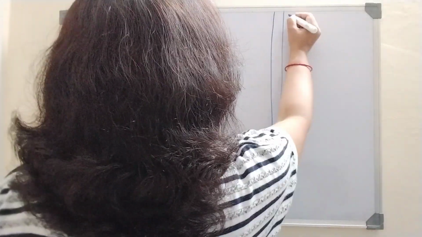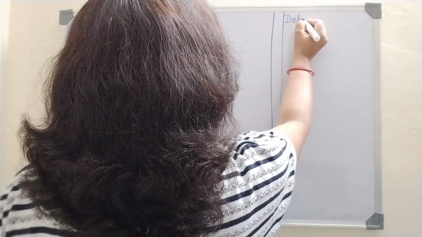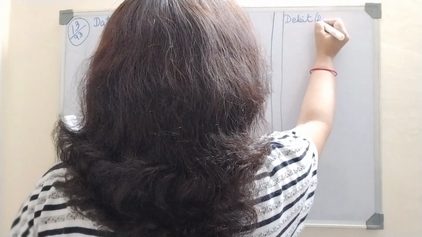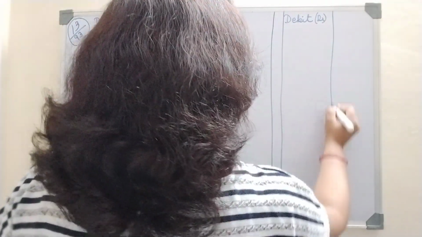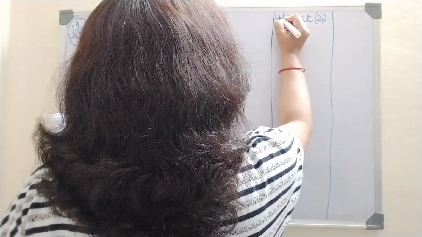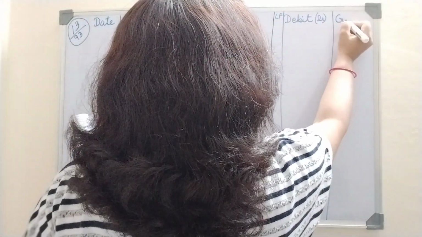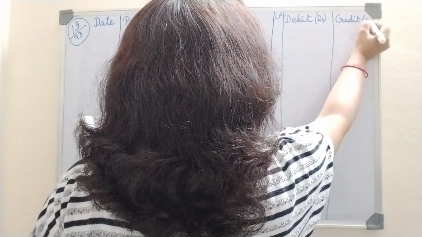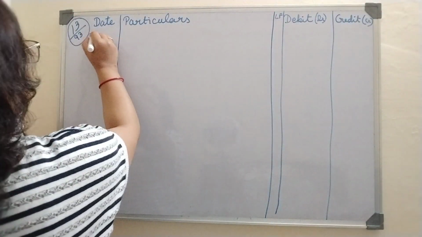Ledger folio is kind of page number we give with reference to where the entry is transferred. This is LF, ledger folio. Then credit is CR. Let us quickly start with the question.